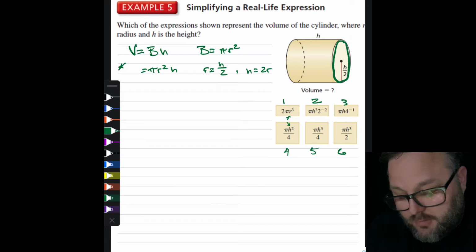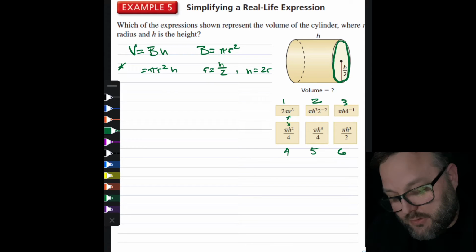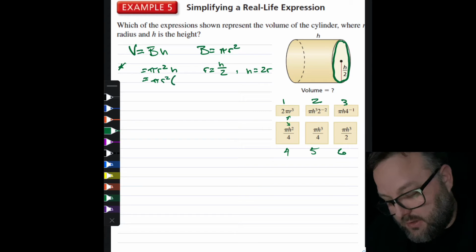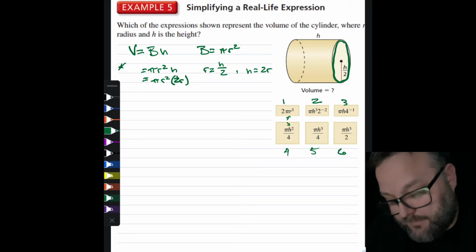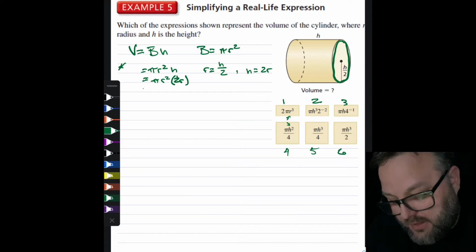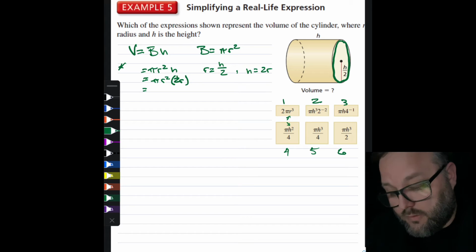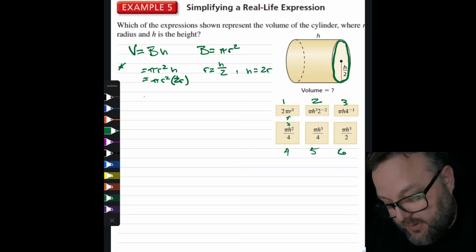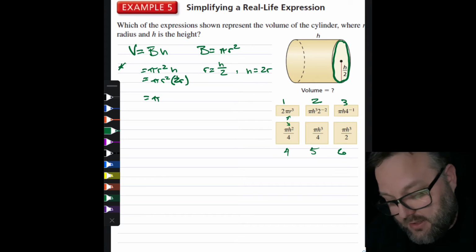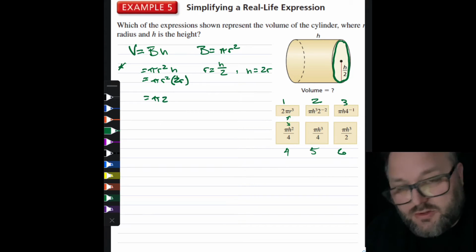Here, where I just put the star, I'm going to be using this in place of h, but what I really want to do is keep things in terms of r. So I'm going to be using pi r squared times 2r. Well, that's the same thing as, I'm going to skip one more line just so it's clear, pi times 2, because remember, order of multiplication doesn't matter.